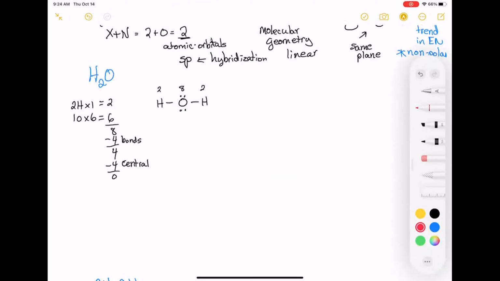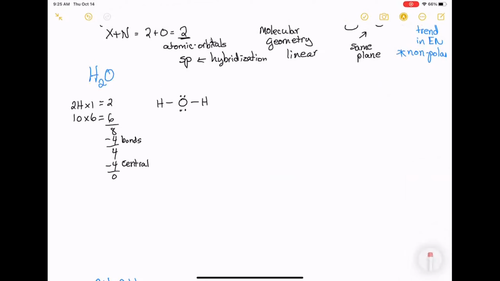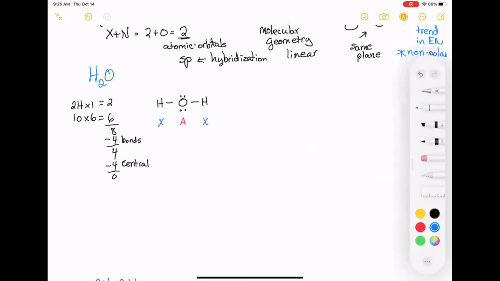So with this Lewis structure for water, you have your central atom. On your central atom, you have two elements bonded to that central atom, and you have two lone pairs.